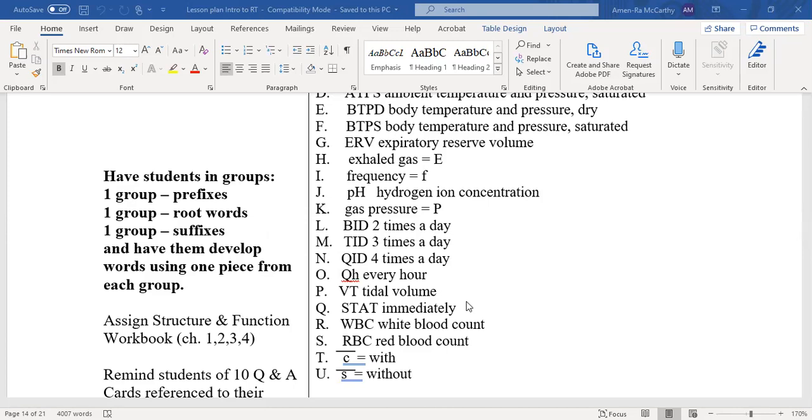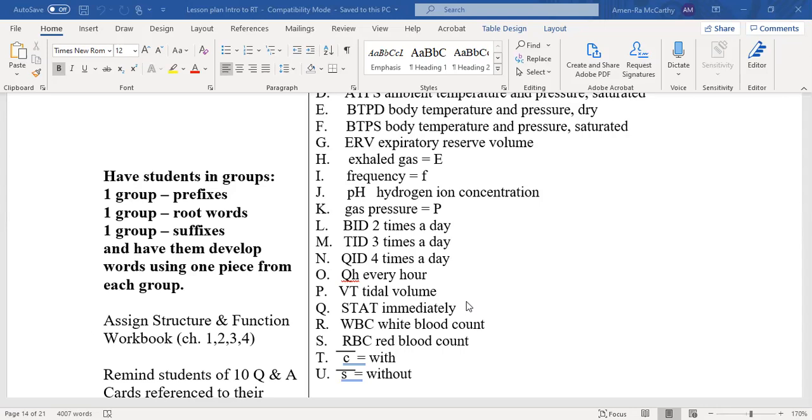How much did we say is a normal tidal volume? How many milliliters or cc's do we say is about normal for tidal volume? 500. And if I don't know how much somebody's is, does anybody remember how to find tidal volume? What was the formula for tidal volume? Tidal volume equals 3 cc's per pound.